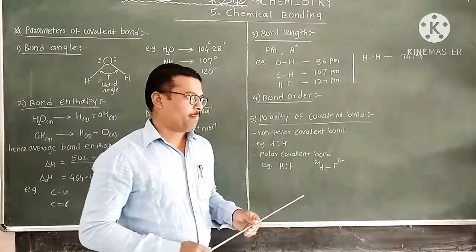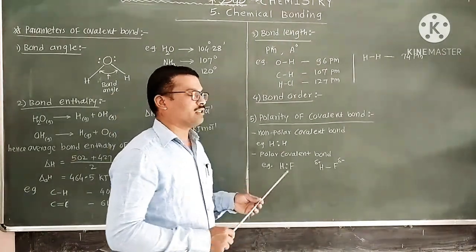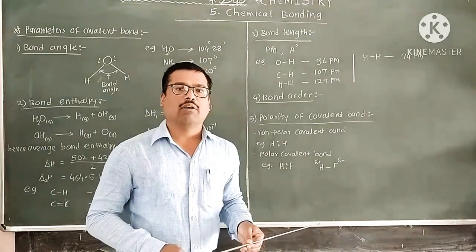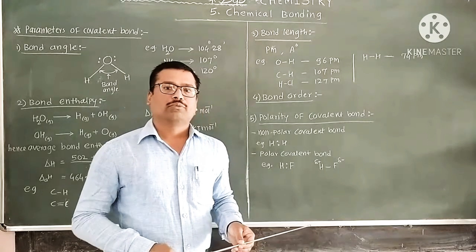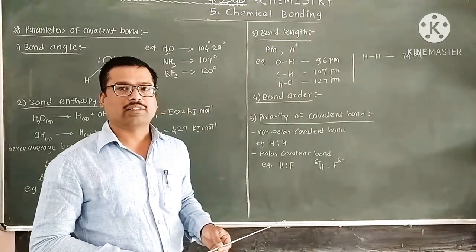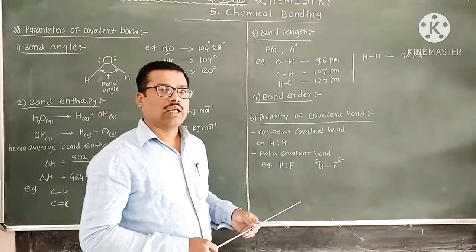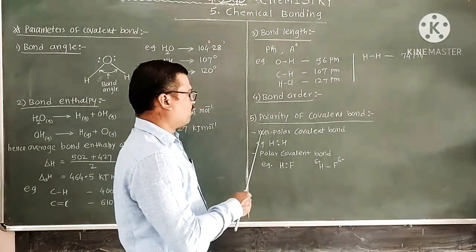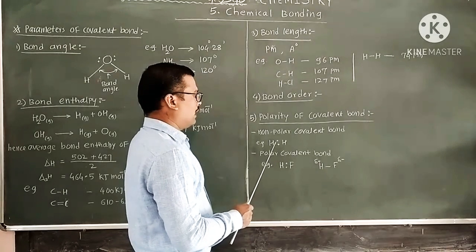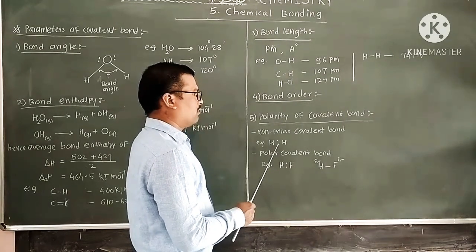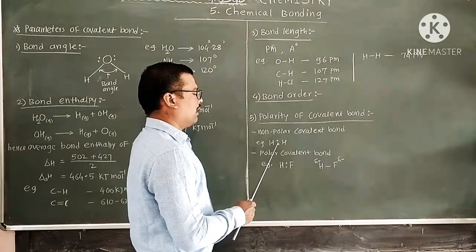A shared pair, दोन ॲटम मध्ये इलेक्ट्रॉनचं शेअरिंग होणार आहे पहा, घेवाण देवाण होणार आहे पहा, and that is attracted equally by both atoms, present at the center between the two atoms, and that covalent bond is called a non-polar covalent bond. इथे दोन atoms आहेत हायड्रोजन H2, यामध्ये जो बॉन्ड तयार झालेला आहे याच्यामध्ये हे इलेक्ट्रॉन्स कुठे असणार आहेत?